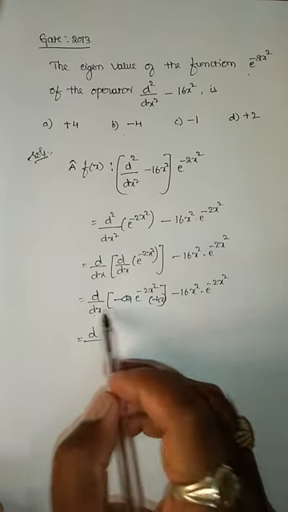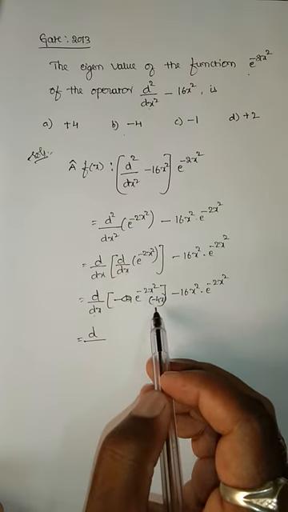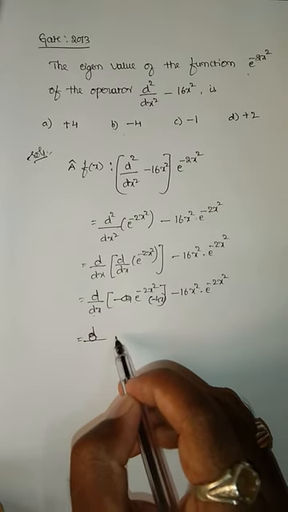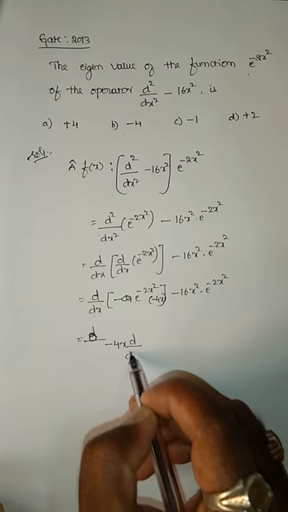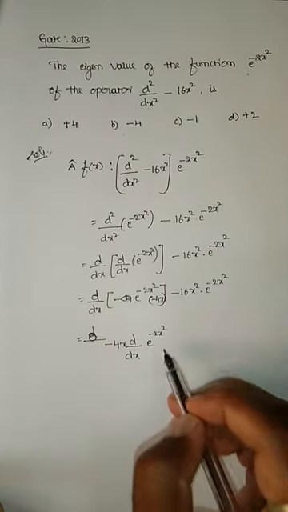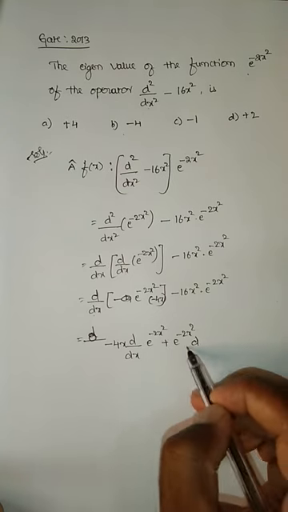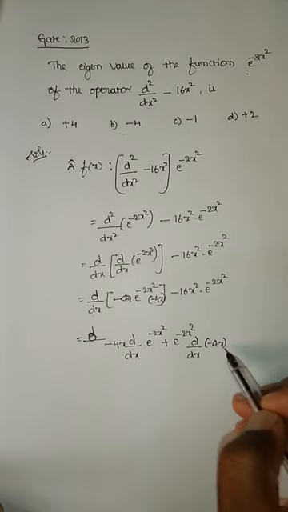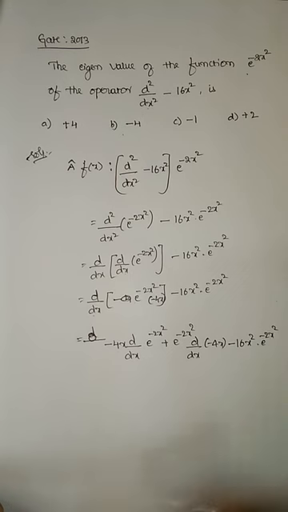And here once again we have to perform the differentiation, but here we have two terms, d by dx of e power minus 2x square into minus 4x, right? So first we should take it this way: minus 4x into d by dx of e power minus 2x square, plus e power minus 2x square into d by dx of minus 4x, minus 16x square into e power minus 2x square.